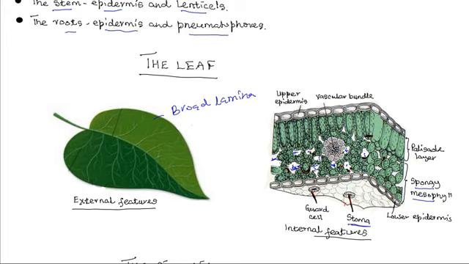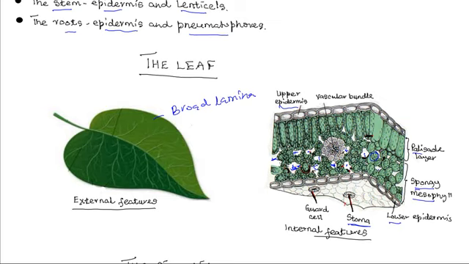And also you can see that the epidermis, both lower and upper, is just one cell thick, and this also promotes gaseous exchange. Now, the surfaces of these mesophyll cells, both palisade mesophyll and spongy mesophyll, are moist.